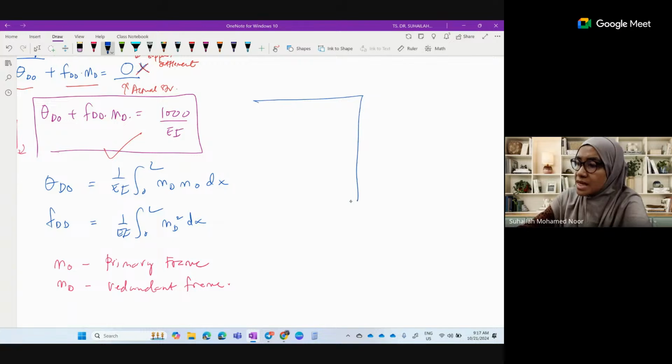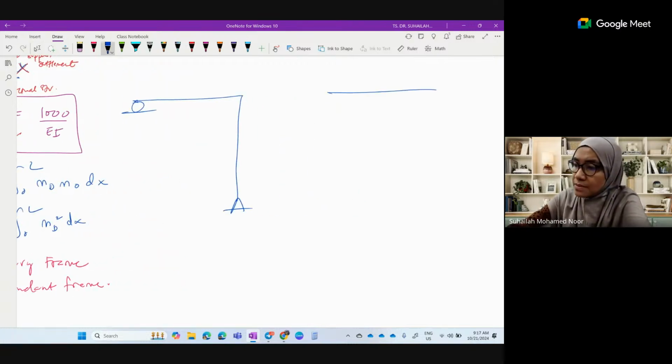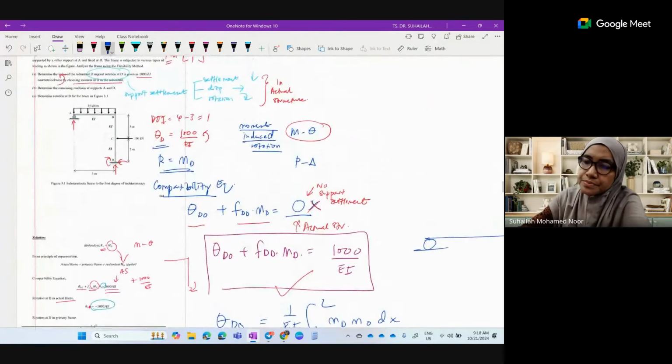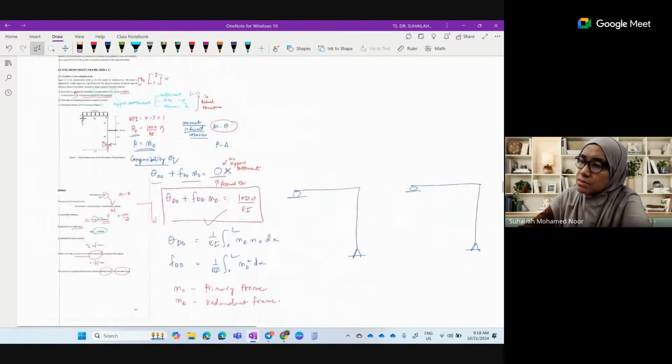Okay, the frame earlier had a roller here, remains roller. Earlier this was fixed, now it becomes pin. Okay, we have two structures. One is for the primary, one is for the redundant. Same frame. It has AB, UDL and point load.